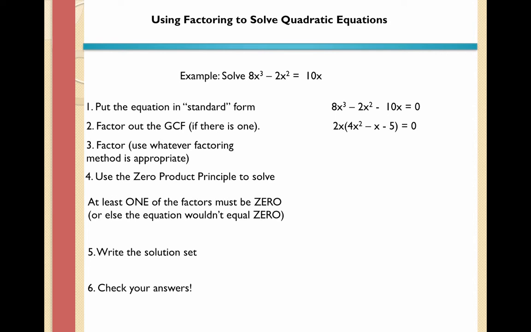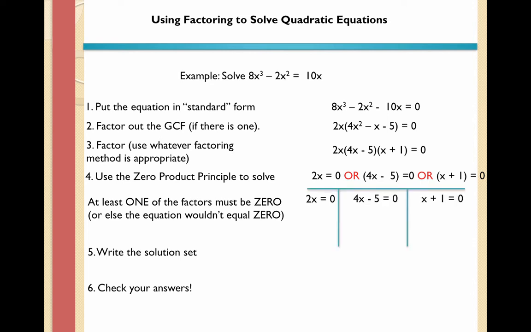Now let's factor that 4x squared minus x minus 5, and you can go ahead and pause and do that work. So here's how the factoring works out. Now put the zero product principle into play. We have three factors, the 2x, the 4x minus 5, and the x plus 1.